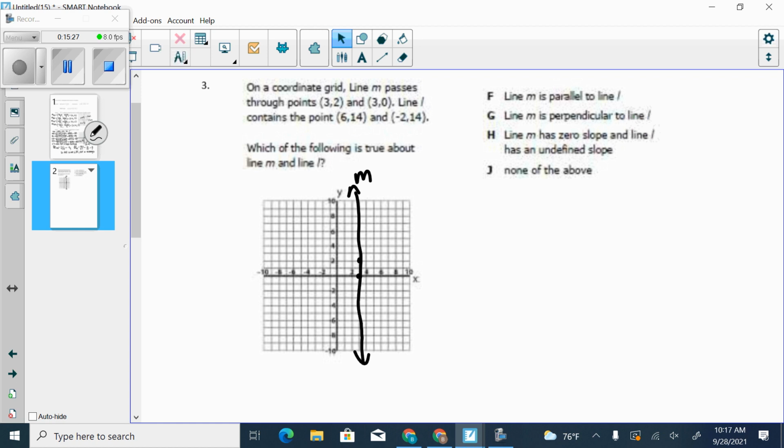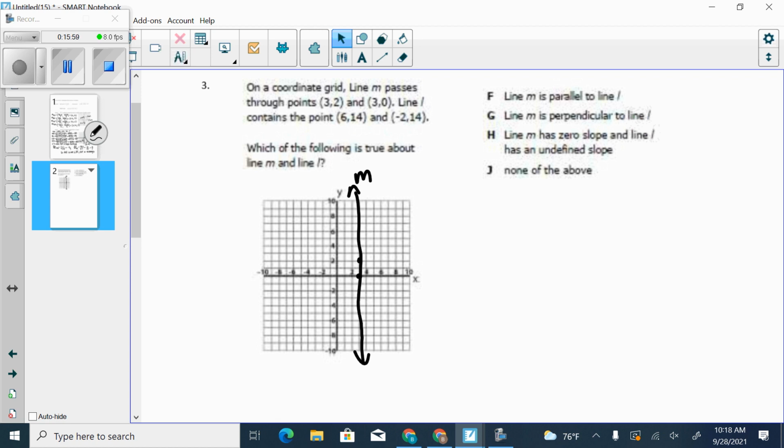Okay? And then it says that line L contains the points 6, 14, which won't quite fit on this line, and negative 2, 14, which again won't quite fit on this line. However, if they have the same y value, that one's going to be a, what kind of line? Horizontal line, right? Okay.